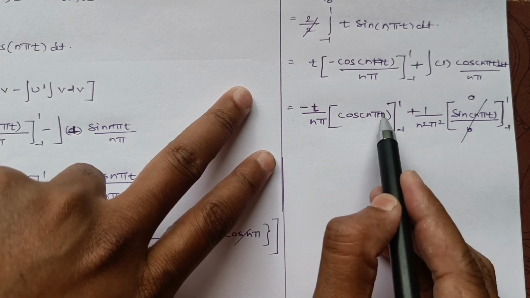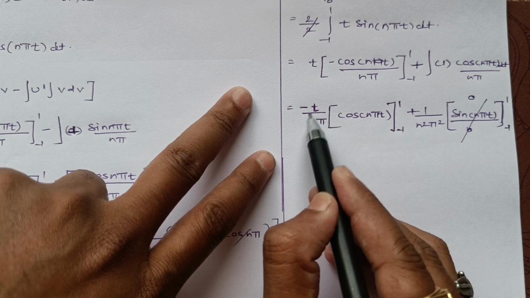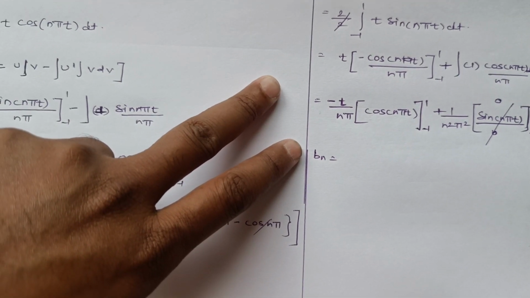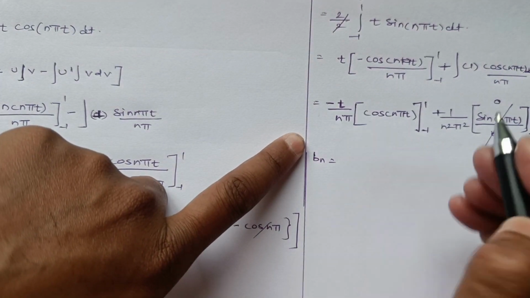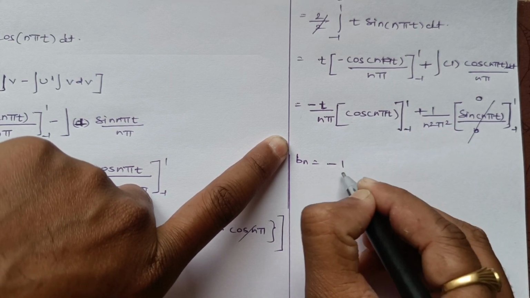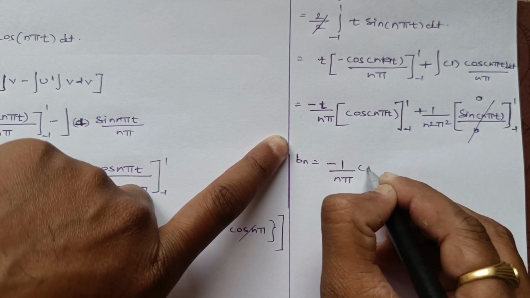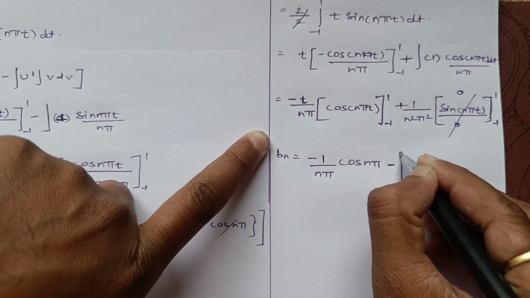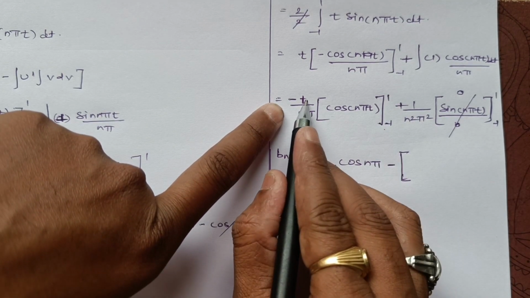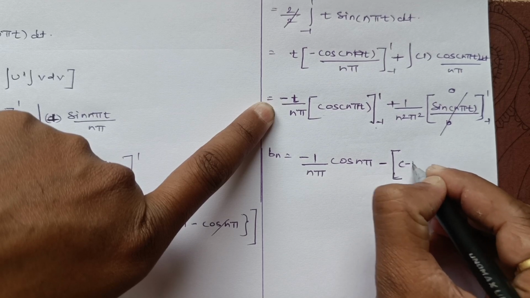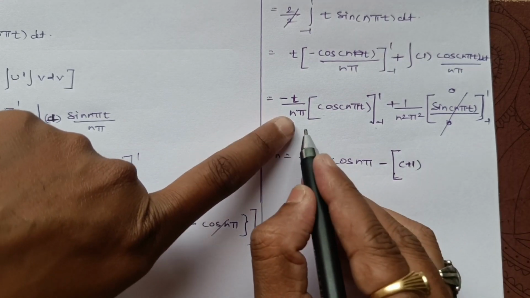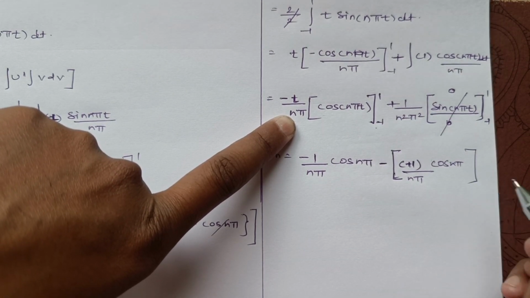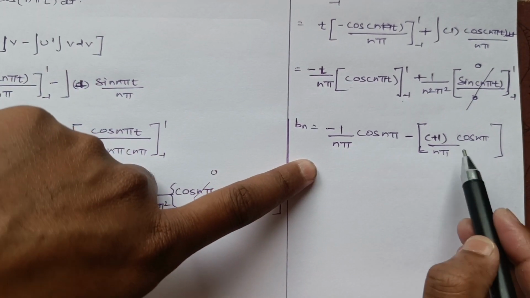Okay, now simply we have to put the upper limit 1 and lower limit -1 in this particular equation, so with that we can get the value of bn. The upper limit 1 will give -1 by n pi into cos n pi, minus, and we have to put -1 here, so this will be minus +1 by n pi into cos n pi, because cos of minus theta is cos theta, so directly we can write cos n pi.